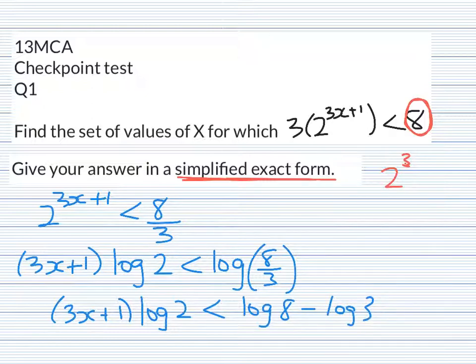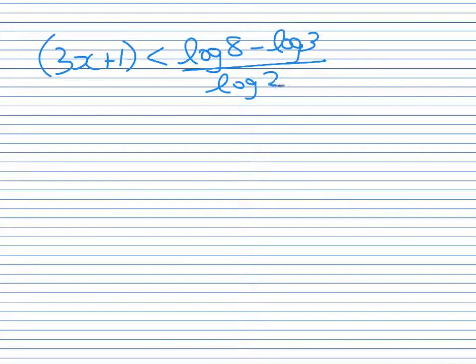Now the next thing we're going to do is divide everything through by log 2. I'll do that on a new slide. So we have 3x plus 1 is less than log of 8 minus log of 3, divided by log of 2.